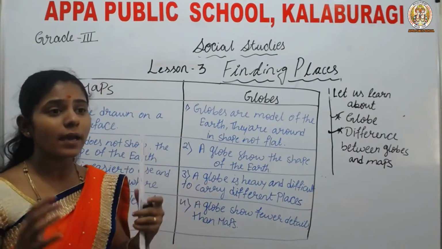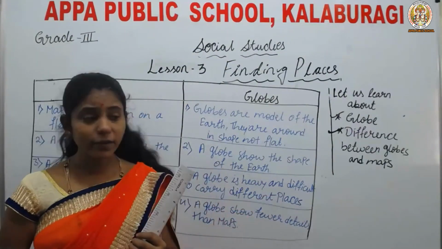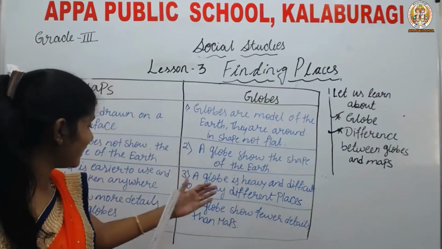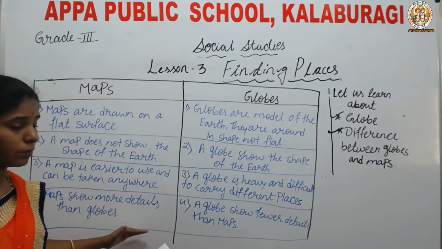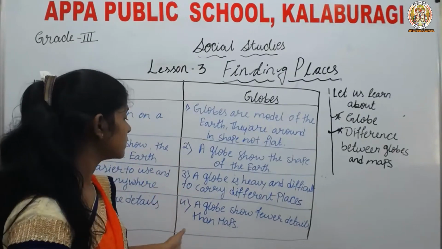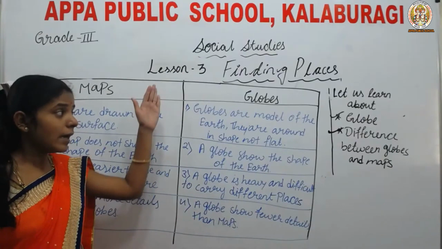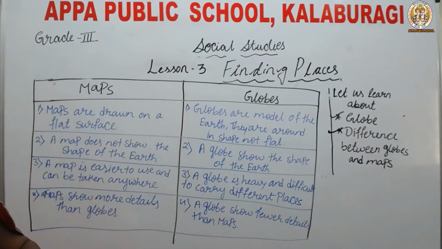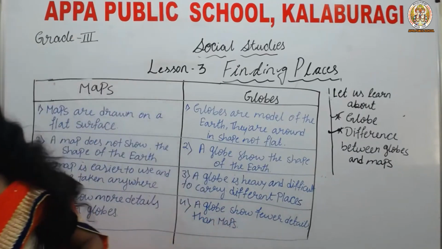And a globe is big and heavy and difficult to carry from one place to another. A map shows more details than a globe. A map shows more details than the what? Globe. A globe shows fewer details than the map. Okay? Understood about the difference between globes and maps?